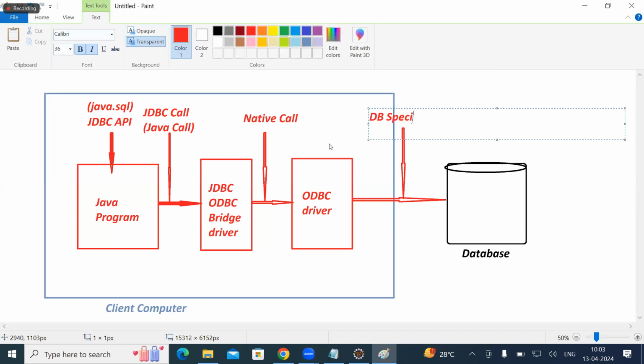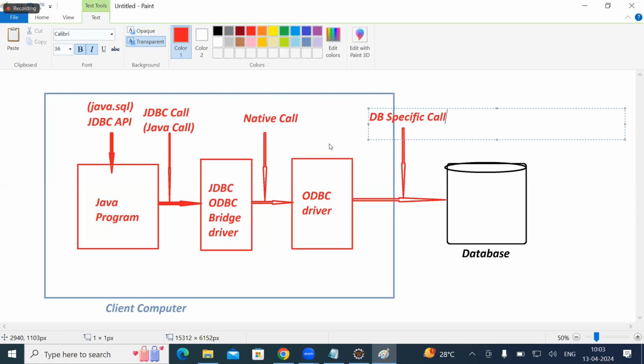Specific means if it is Oracle, Oracle; if it is DB2, DB2; IMSDB, IMSDB; MongoDB, MongoDB. Like this, it will make a specific call. See the translation. Java cannot communicate with the database directly. With our JDBC driver, it is converted into a native call.